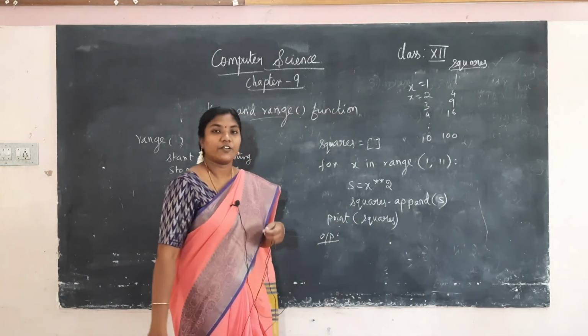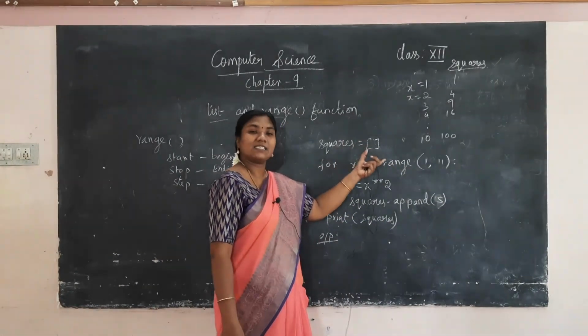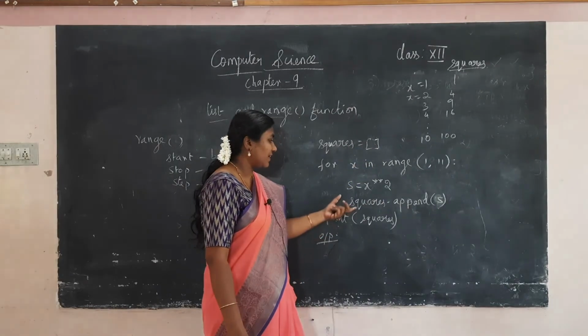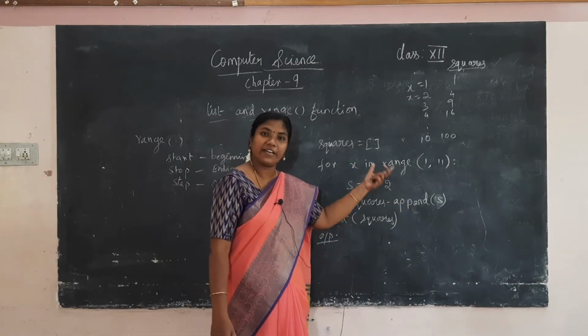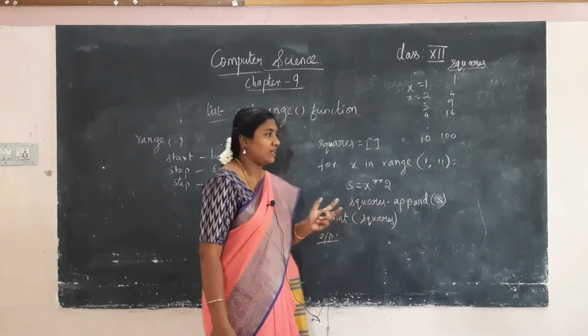So we have used this range function with a for loop and we have used the list function and append function to create the squares of the first 10 natural numbers.